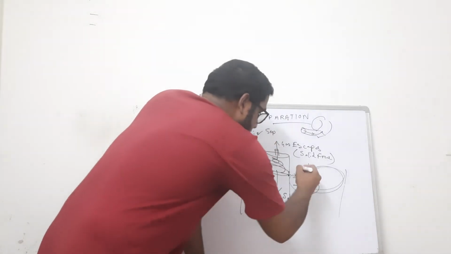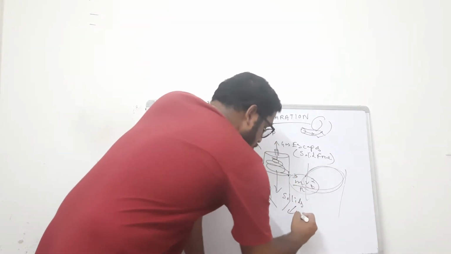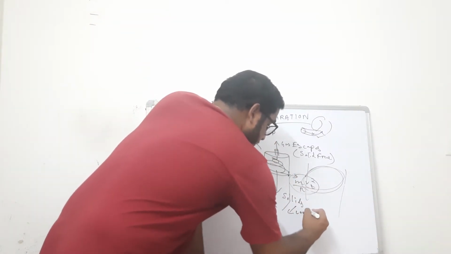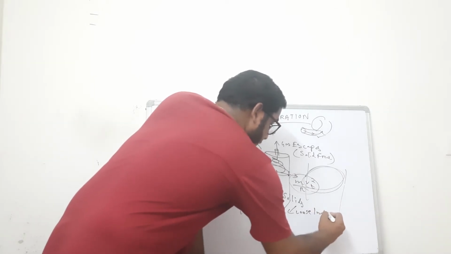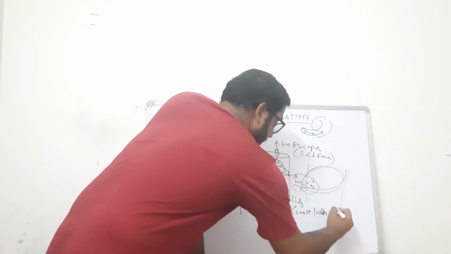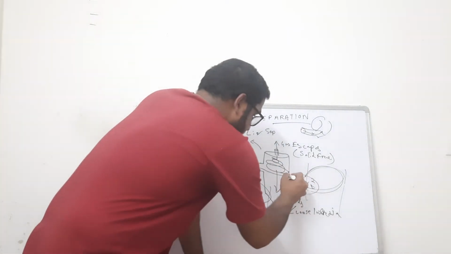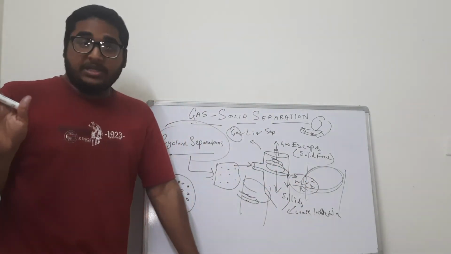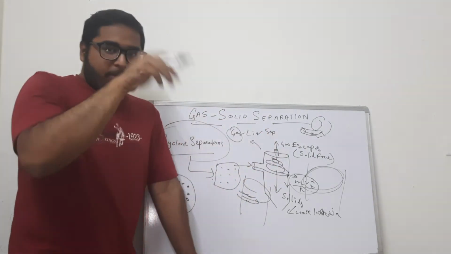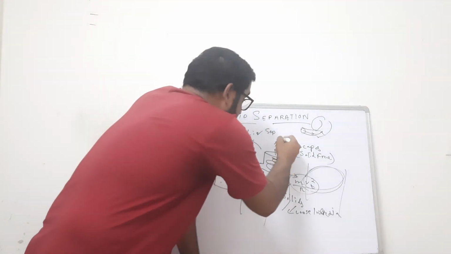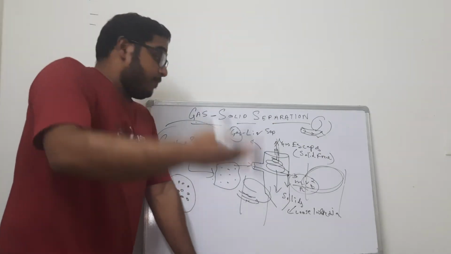So at the walls, the solids lose inertia of motion. And what happens when they lose inertia? The solids fall down because they have no momentum, and the gas, having momentum and being lighter, tends to escape out.